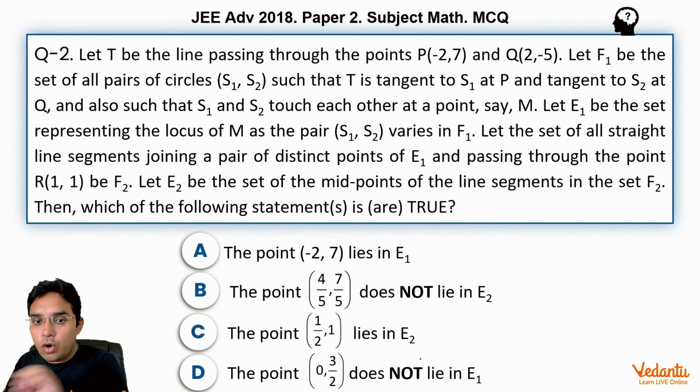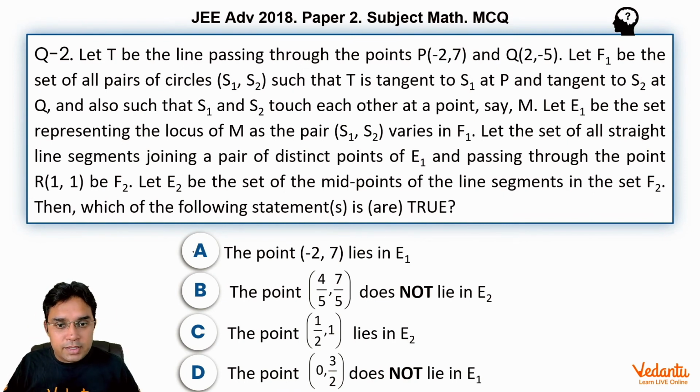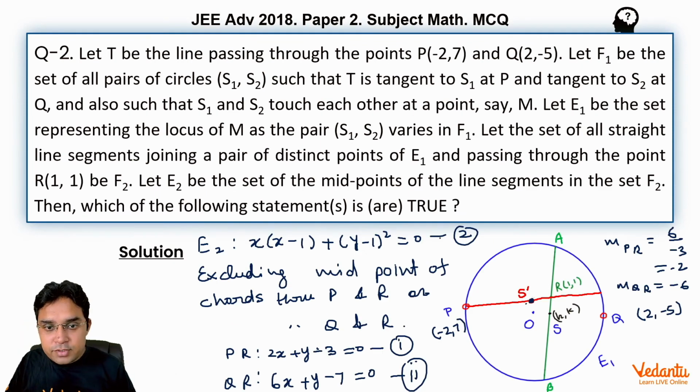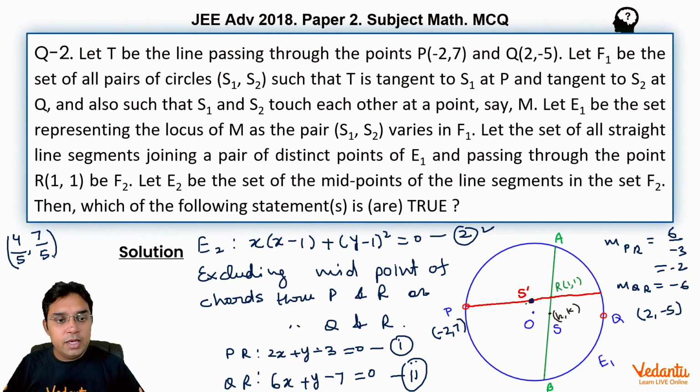Okay, let us read those options first. Option A we have already seen is wrong. D was correct. Let us now read option B, which says point 4 by 5, 7 by 5 does not lie in E2. If I put 4 by 5, 7 by 5 in equation number 2, we can see it satisfies equation number 2. 4 by 5 into minus 1 by 5, so minus 4 by 25. 7 by 5 minus 1 is 2 by 5, whole square will be 4 by 25.